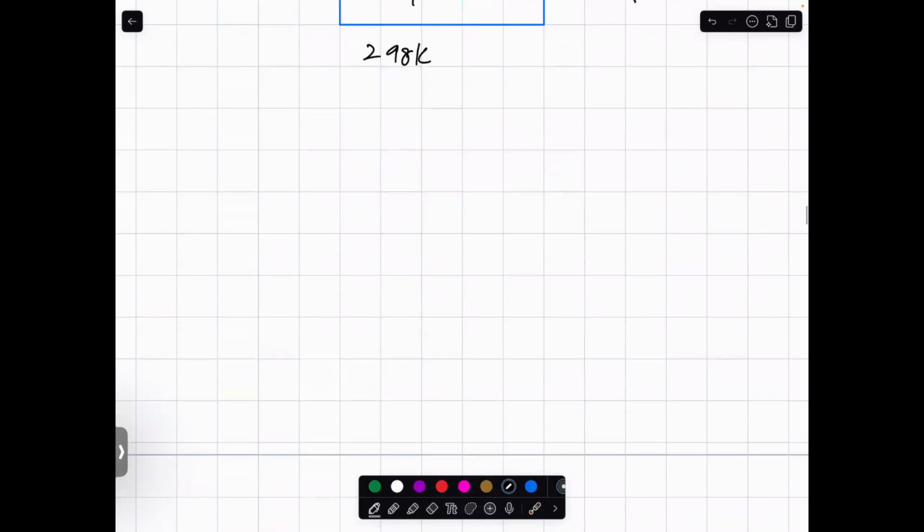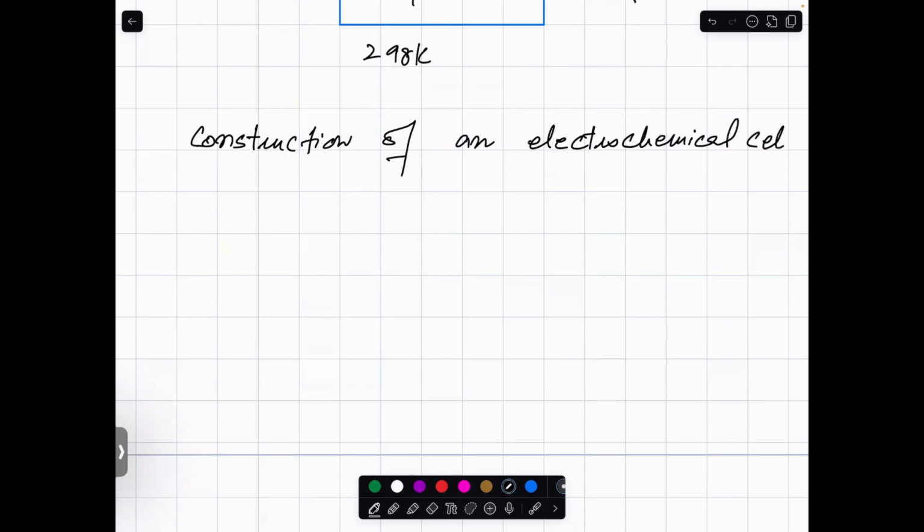And now next, construction of an electrochemical cell. A full cell.